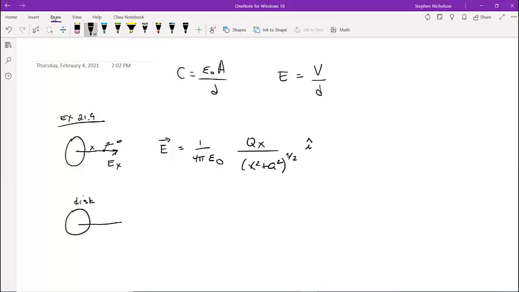Then from that disk, we can calculate what the electric field is along that axis of symmetry right from the middle of the disk. Again, it'll only have an x component because we have this radially symmetric disk, and therefore all the components in this direction cancel each other out.